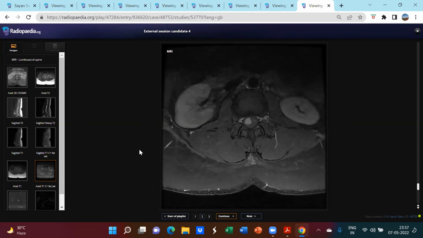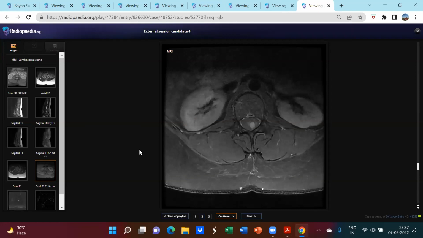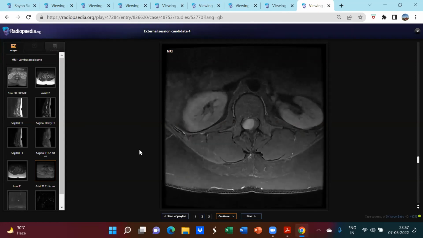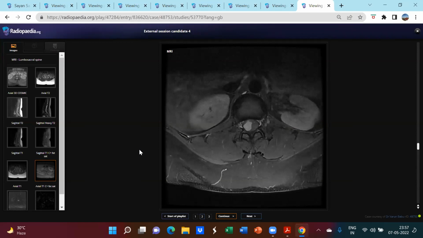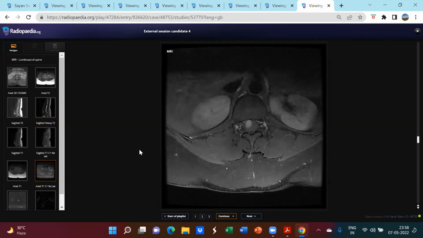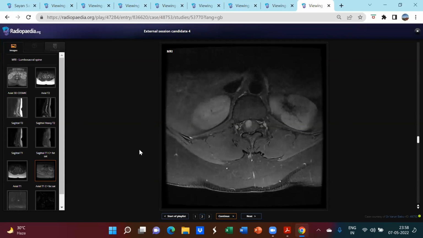I would also look at the neural foramina. Images of which part of the body? Firstly, all the images of the same scan. Then I would also like to look at the neural foramina if they are expanded, if there are any additional lesions. Additional lesions where? That's what I'm asking. Additional lesions within the neural foramina.